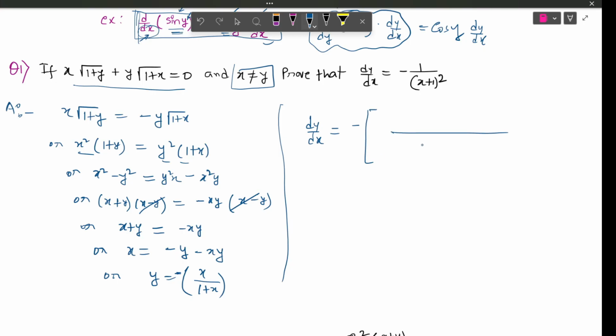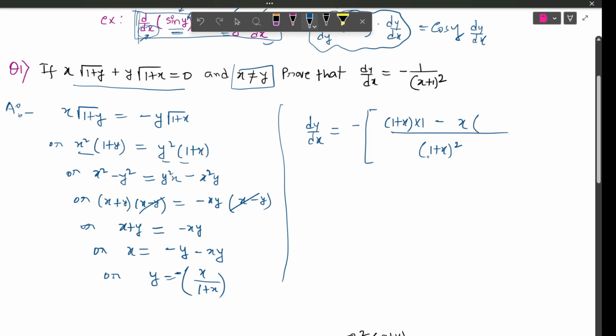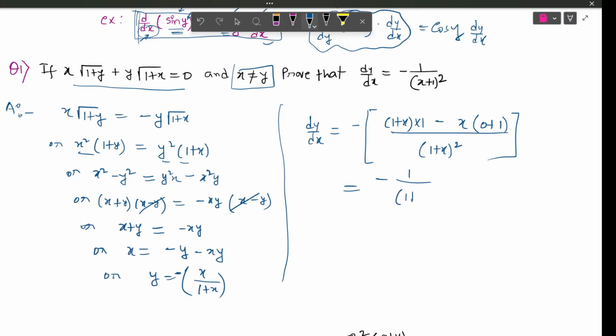So it would be (1 plus x) square, and derivative of x is 1, keeping 1 plus x, minus upper term into derivative of lower term, that is, derivative of 1 is 0 and it is 1. Differentiation of x is 1. Okay, so after simplification we will get minus 1 by (1 plus x) square. It is the required proof.